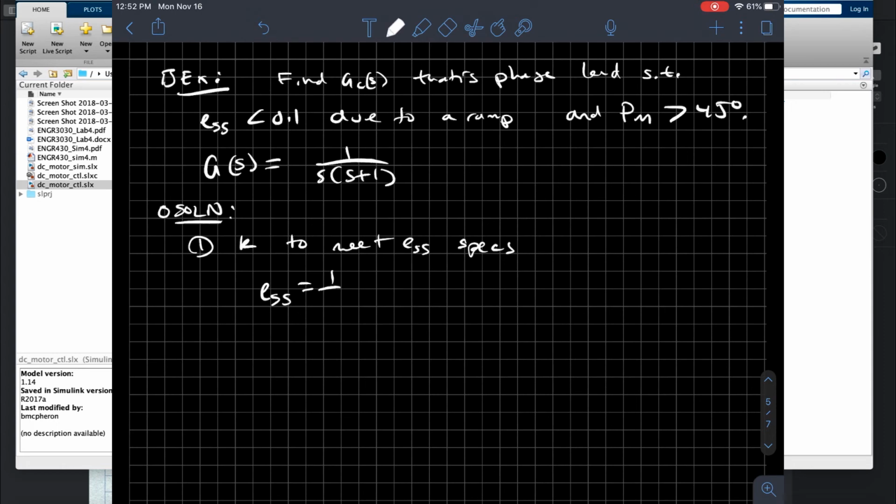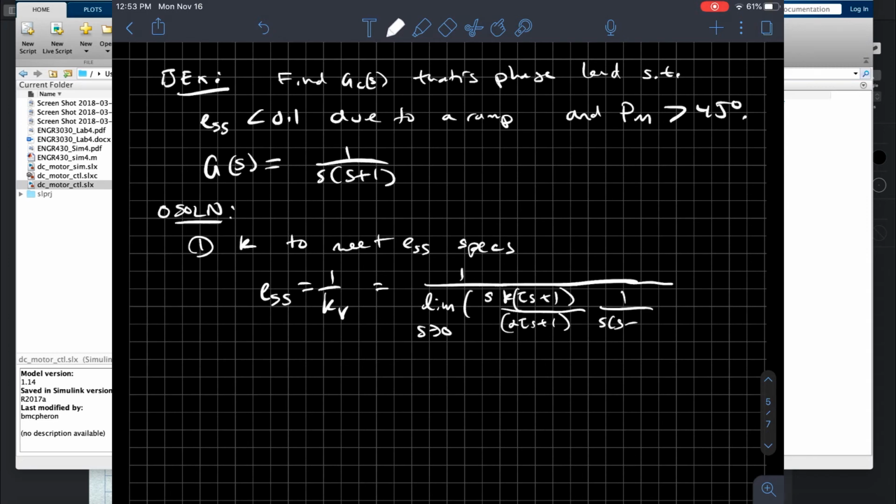ESS is 1 over Kv, which is equal to 1 over the limit as s approaches 0 of, and this will take some space, to get Kv I multiply by s, and I've got K (tau s plus 1) over (alpha tau s plus 1), and then that's multiplied by G(s), 1 over s plus 1.